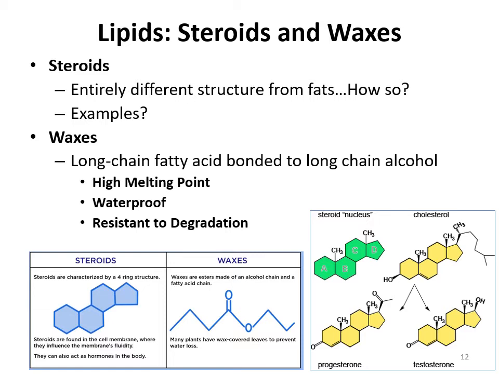Steroids are 4 fused carbon rings. Make sure you write that down. 4 fused together carbon rings. That's steroid structure, as opposed to the other lipids that have what structure? The fatty acid and glycerol, right? Those long chains that you saw. So steroids are kind of unique among the lipids.